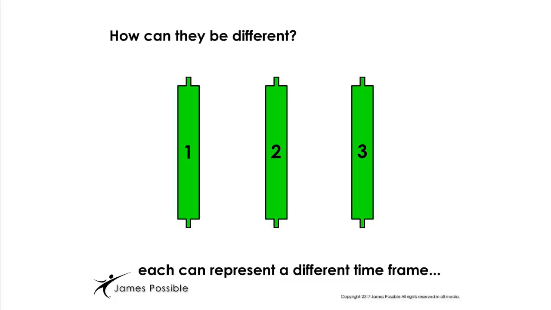So if the candle represented 15 minutes, it would be a summary of the last 15 minutes. If it represented an hour, it would be a summary of the last hour's worth of activity. They have daily candles, weekly candles, monthly candles, 1-minute candles. Time can definitely be a big thing.